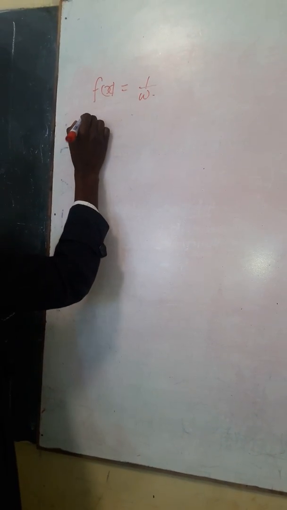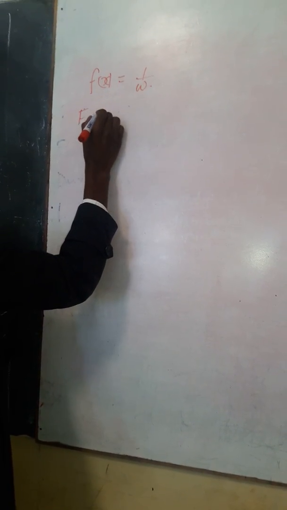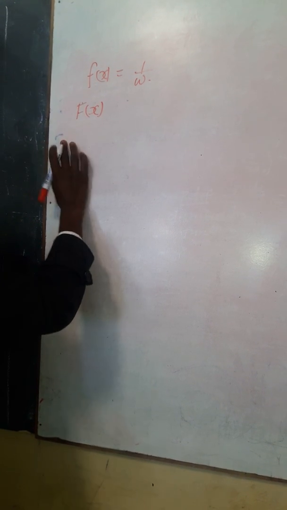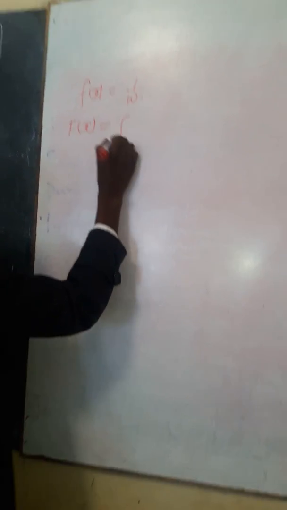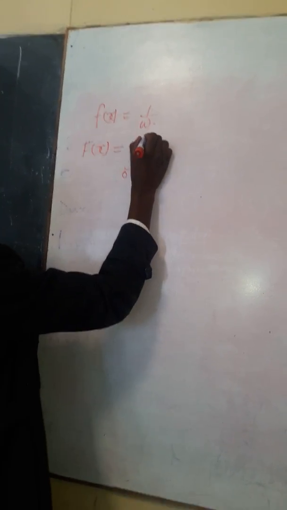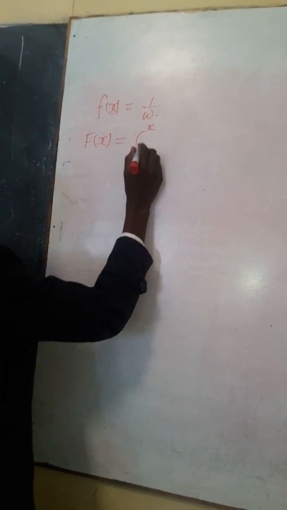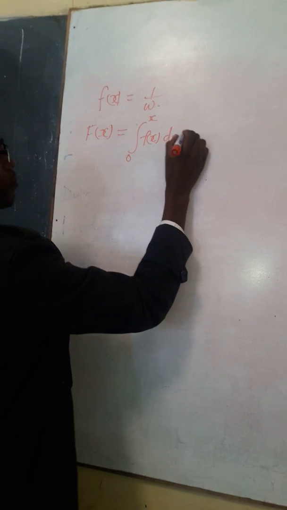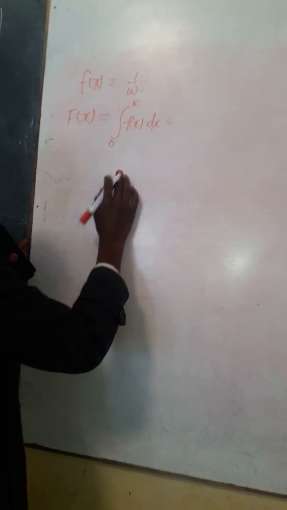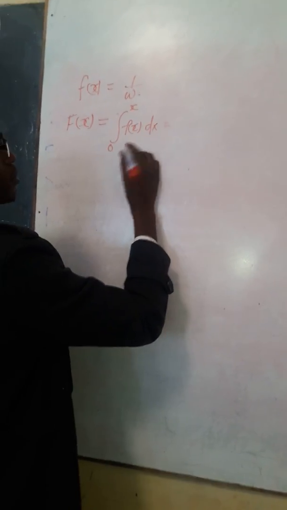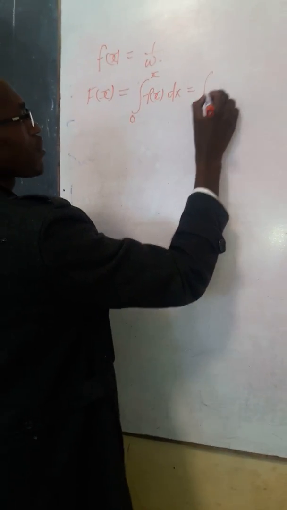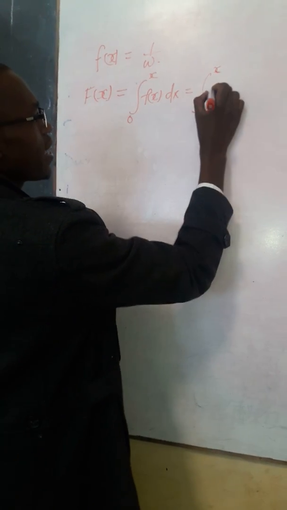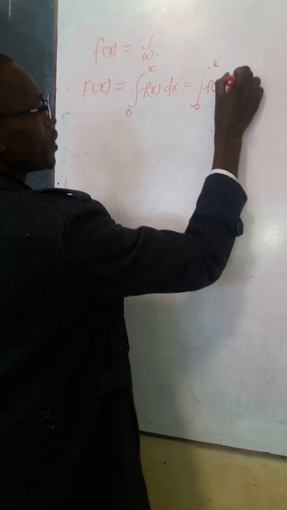To find the cumulative distribution, the CDF F of x, we integrate f from 0 to x. Maybe I give it a new variable u, so that I integrate from 0 to x f of u du.